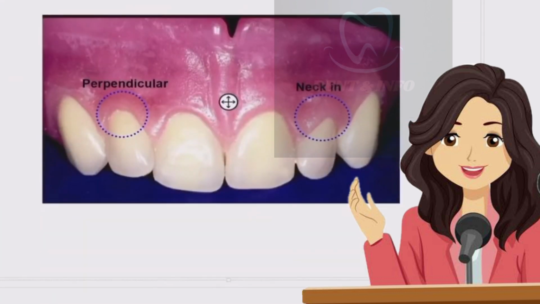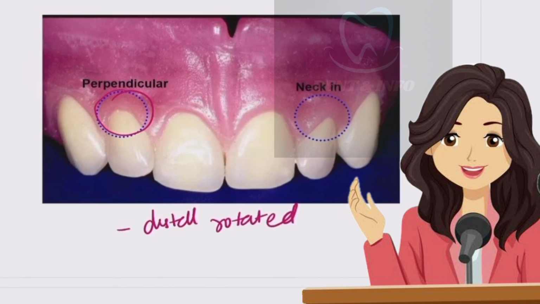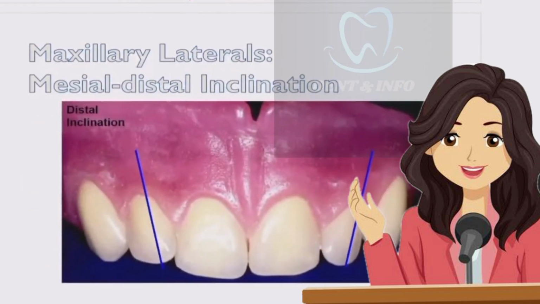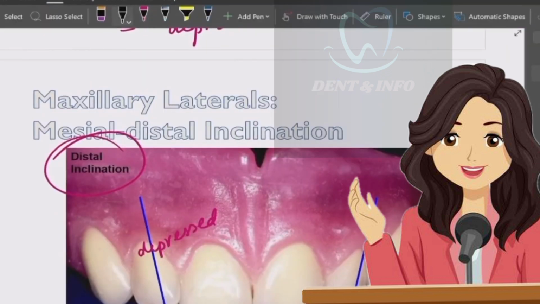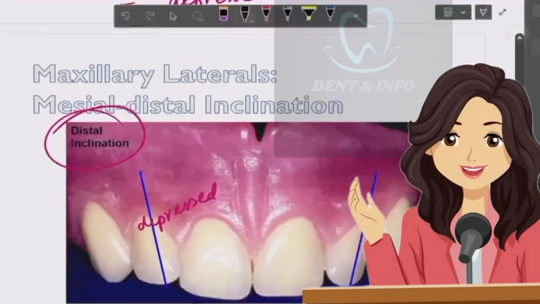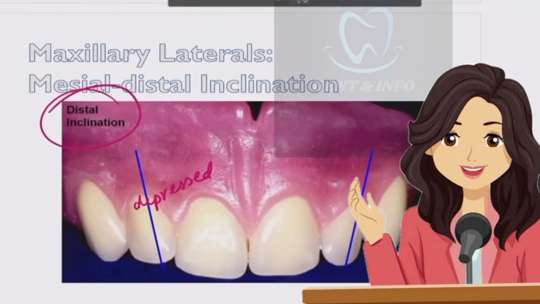If you see for a maxillary lateral incisor, the neck of the incisor is distally rotated. Then it is depressed in comparison to the central. If we look at a top view, the maxillary lateral incisor has a distal inclination and the neck is depressed. It is not very prominent in comparison to the central incisor that we see.